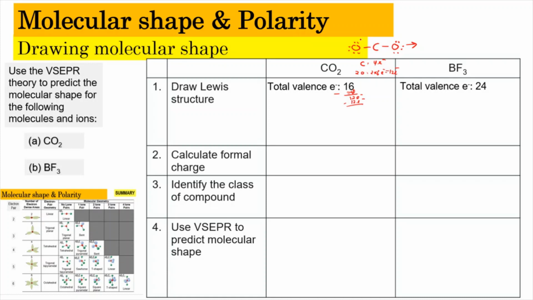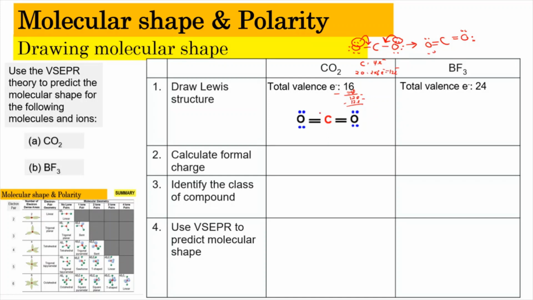So what we're going to do is bring one lone pair so that it can make another bond here, so that it can form a double bond. Similarly on this side. So we're going to get something like this, which is C double bond O, C double bond O, and then 2 lone pairs on each oxygen.